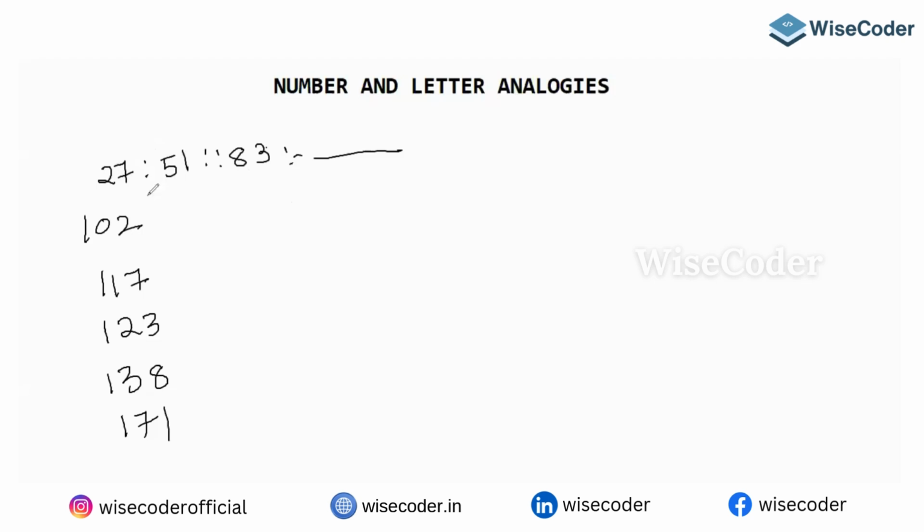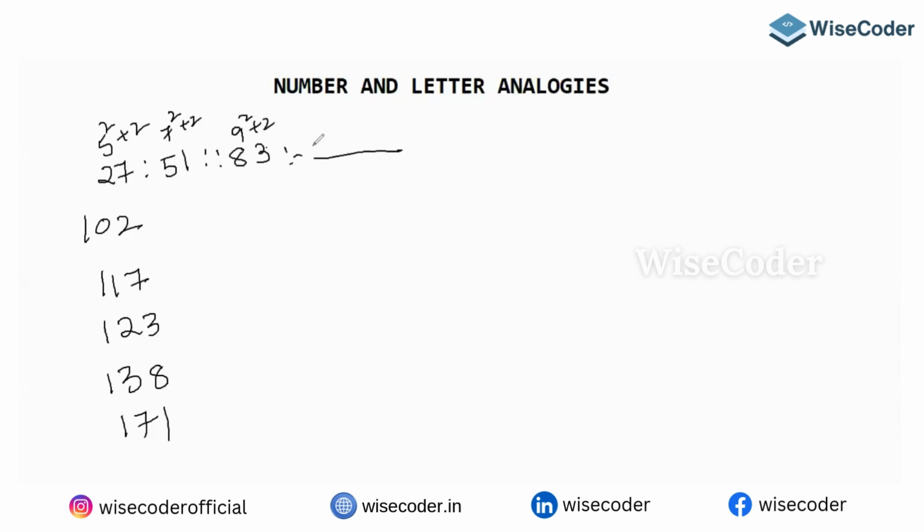Guys, if you closely observe, look here: 27, 51, 83. 27 you can write as 5 square plus 2. 51 you can write as 7 square plus 2. 83 you can write as 9 square plus 2. Yes, this is the logic. 5, 7, 9 are successive odd numbers.